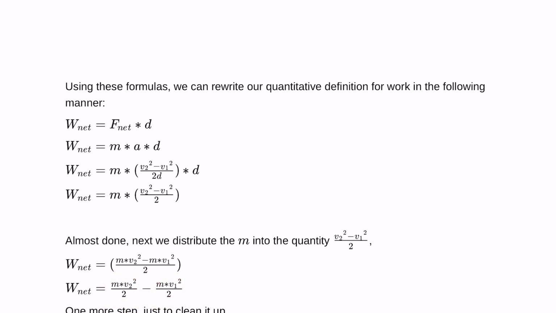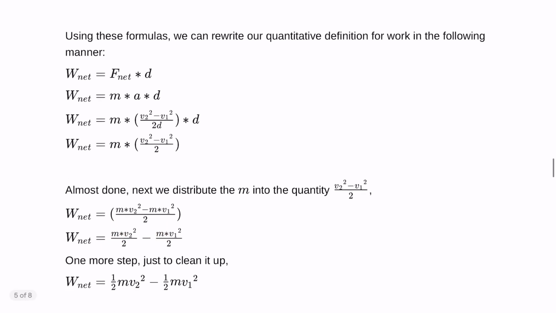What's very important about what we've done up to now is that this first ratio has our final velocity, whereas this second ratio has our initial velocity. Other than that, they're basically the exact same ratio. The only difference is that for one, we're plugging in our final velocity, and for the other one, we're plugging in our initial velocity. We're still using the same mass, and we're still dividing by 2.